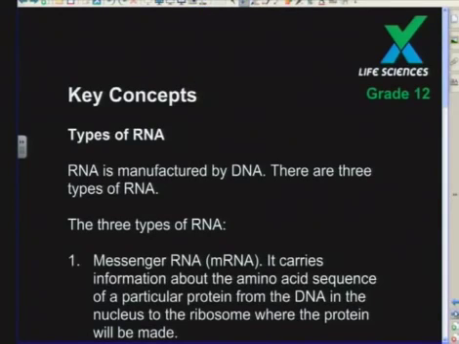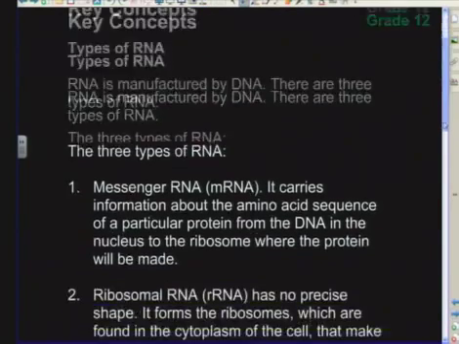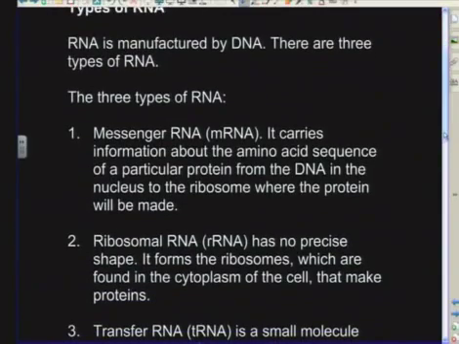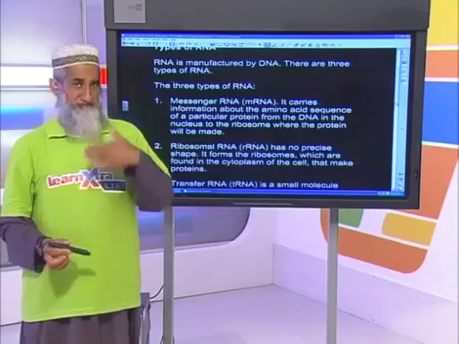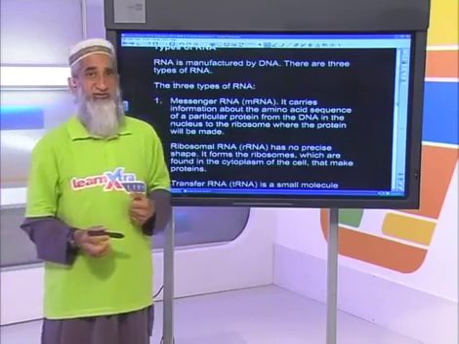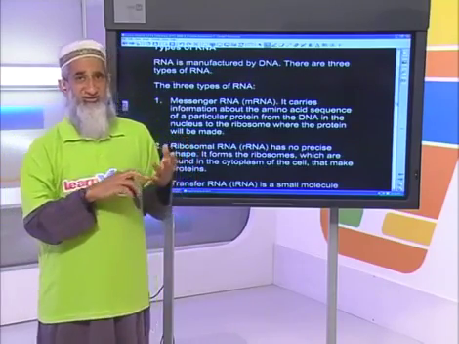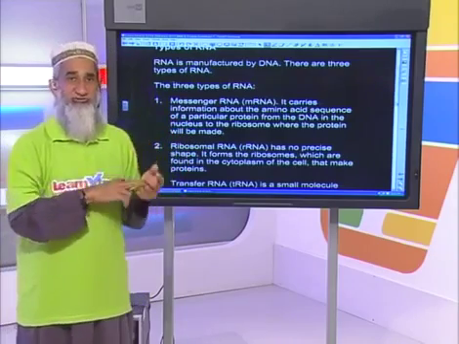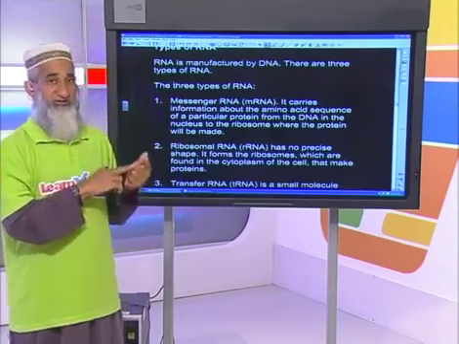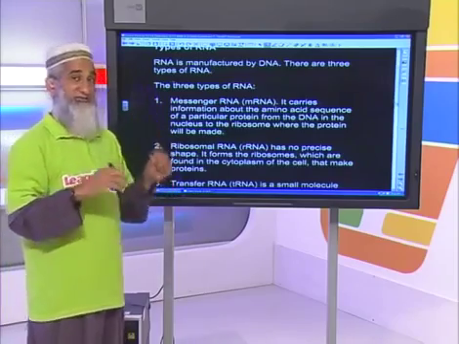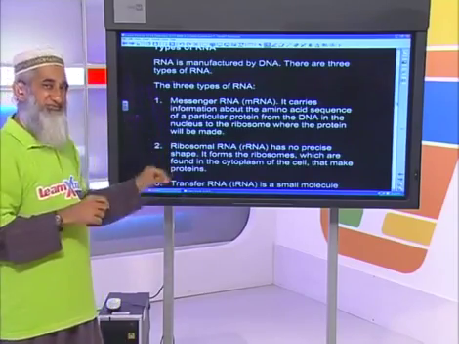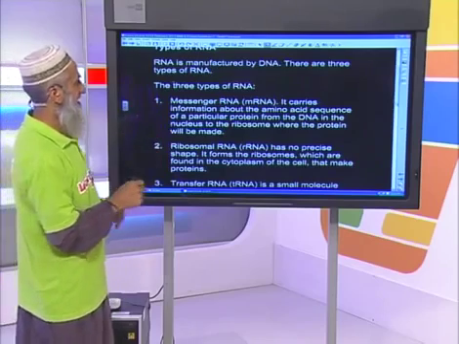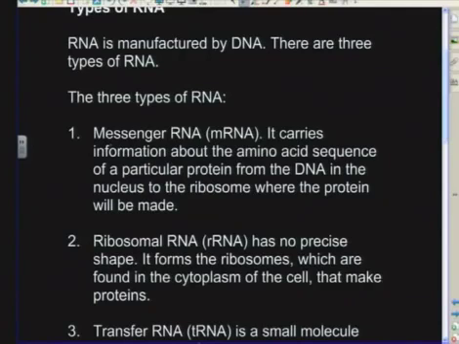Now, the other difference is that RNA has several types. But again, somebody may argue, because of the discoveries we've made recently, there are different types of DNA as well. Remember from last week, we had nuclear DNA, mitochondrial DNA, and chloroplast DNA. However, there are specific different types of RNA, and they are, firstly, messenger RNA.